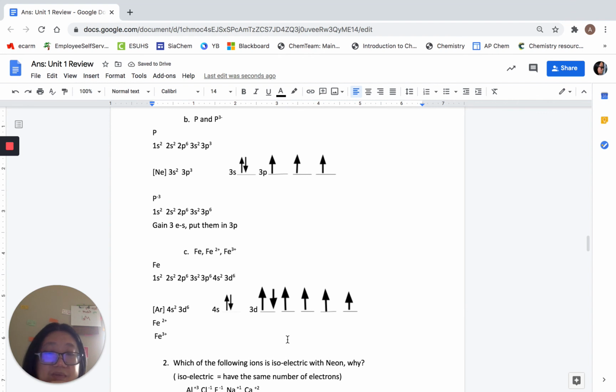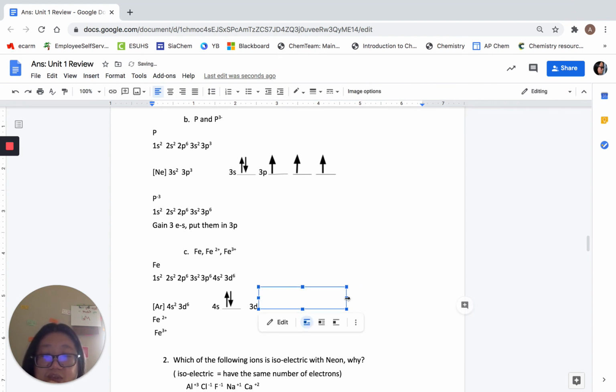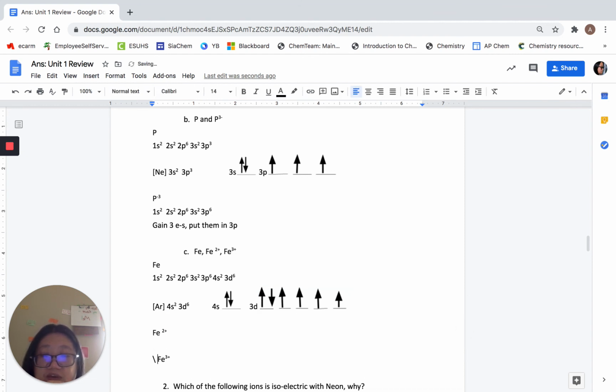So what's going to happen? Let's look at what's going to happen to Fe2 plus versus Fe3 plus. This is where it gets kind of interesting. Remember how we said that the noble gas is the highest S and P orbital? That's what is going to happen to the Fe2 plus.